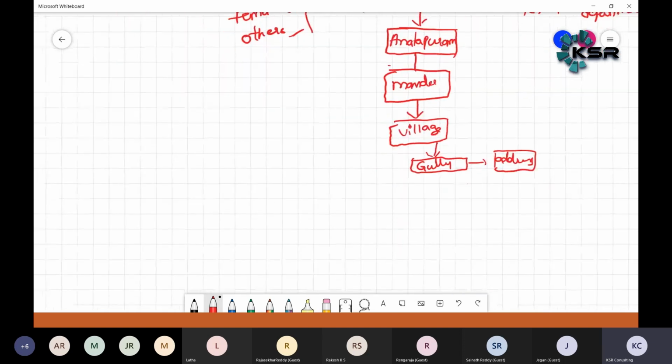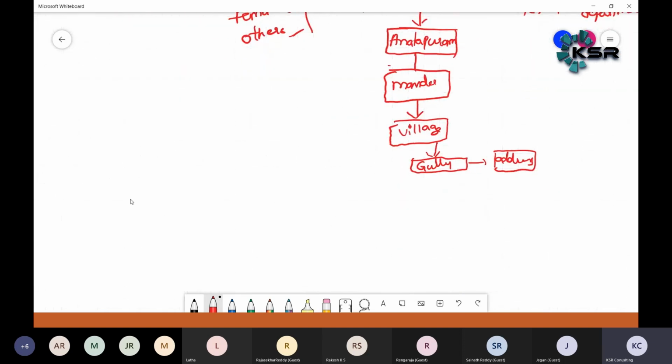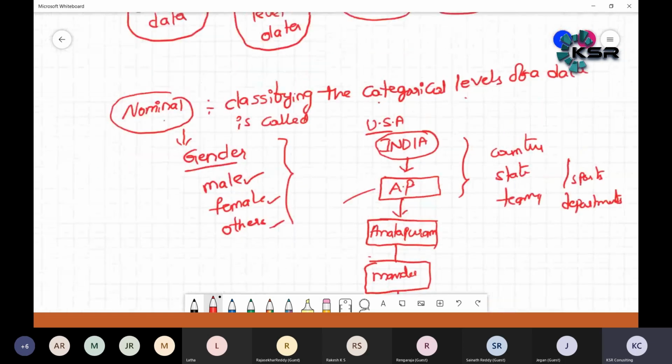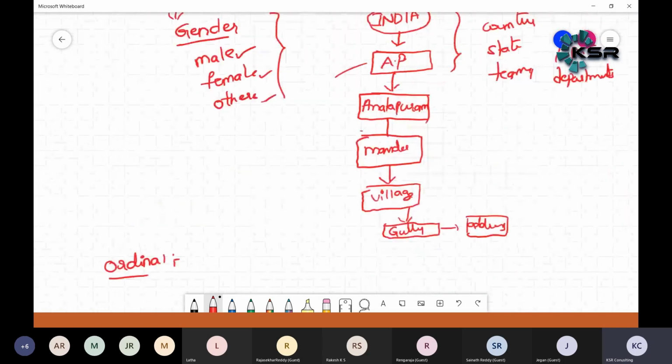Nominal data is clear. Now the next step is ordinal data. So, nominal plus some criteria. Classifying the category levels of data is called nominal.